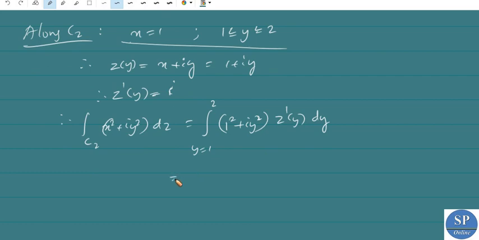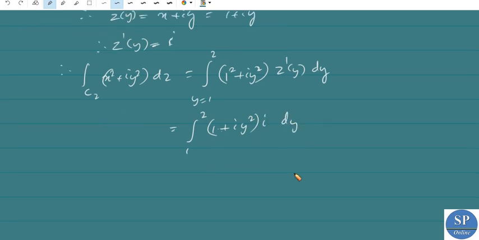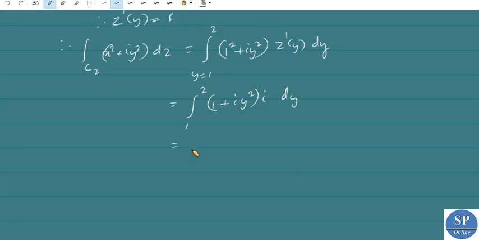Okay, so this is equal to the integral y from 1 to 2, 1 plus i into y square, into z dash of y which is i, dy. So this is nothing but taking i outside, the integral is y plus i into y cube by 3 from 1 to 2. So this is equal to i into 2 minus 1, upper limit minus lower limit, plus i into i by 3 into 2 cube minus 1 cube, that is 8 minus 1.